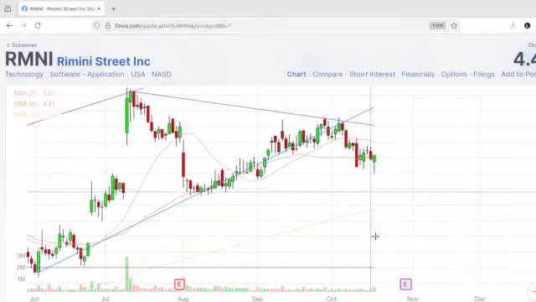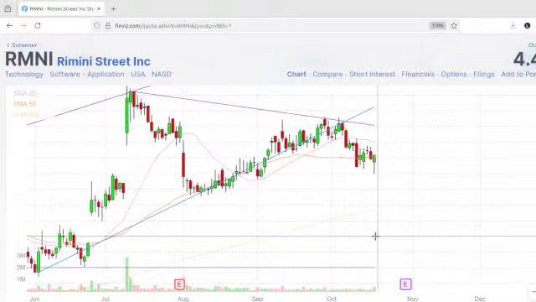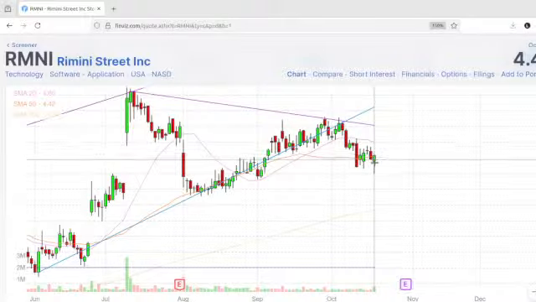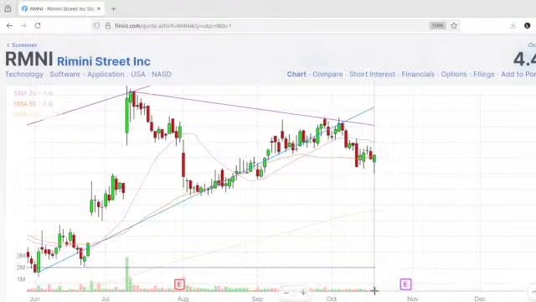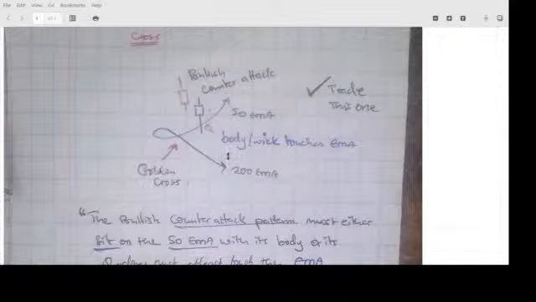In this case, we're using the hammer. You can see the body is sitting right here on the 50-day moving average, and the volume bar is green. Very important for you to remember that.